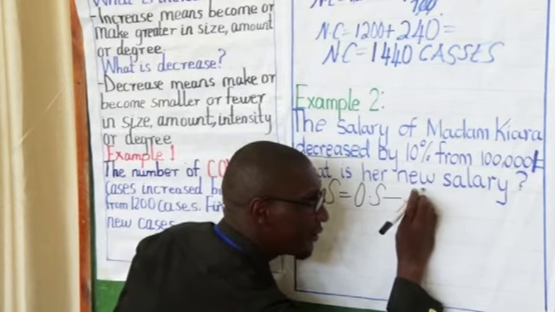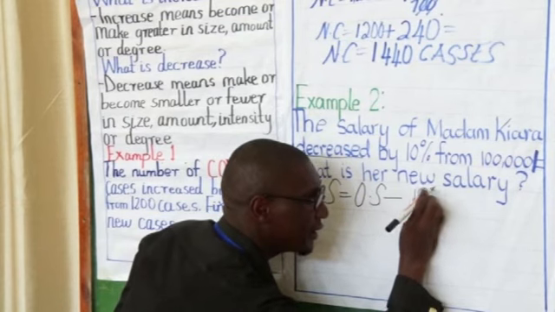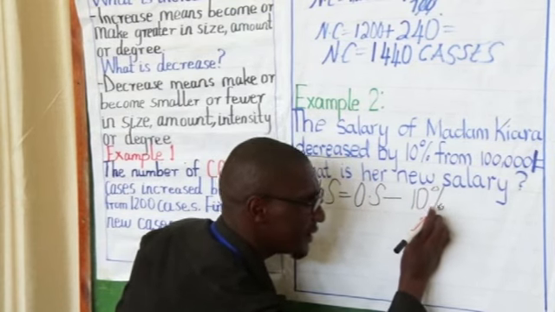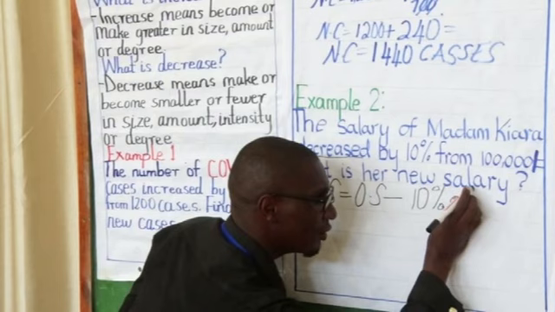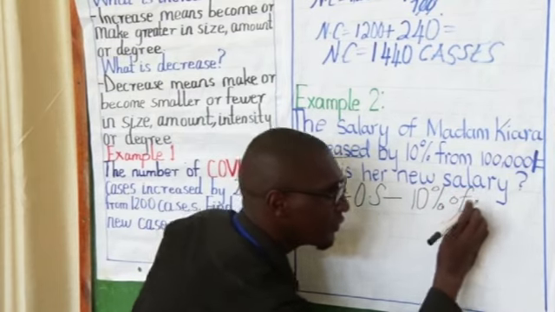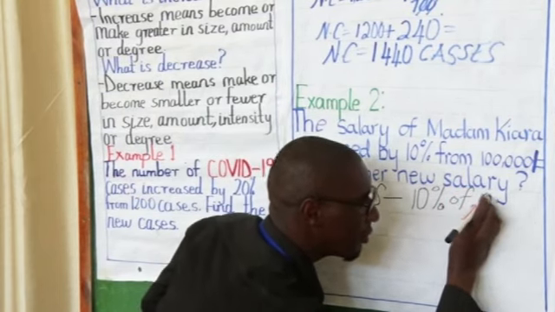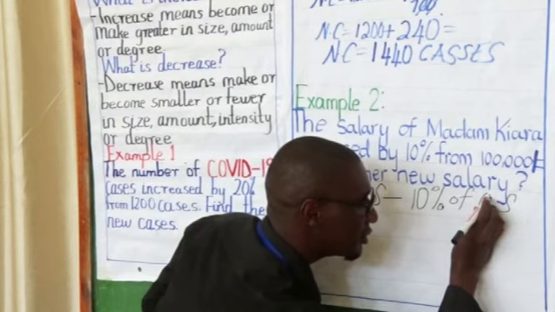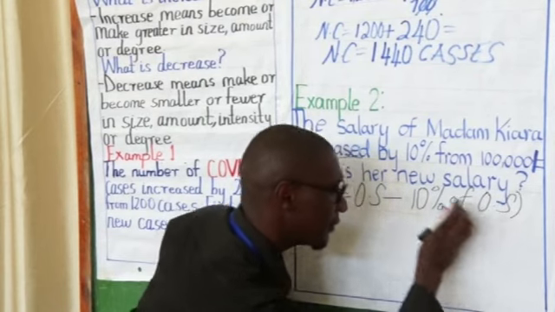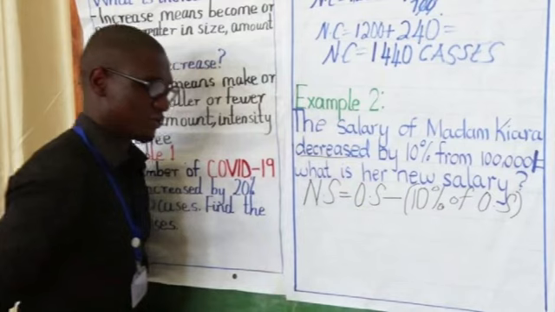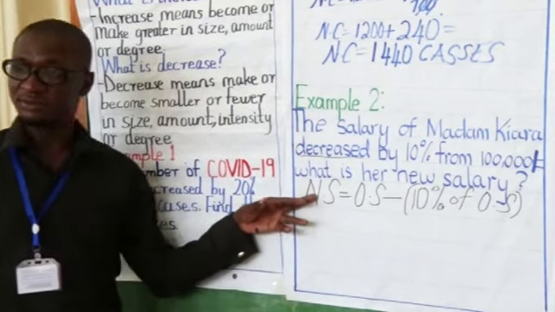Take away 10% of all the salary. Close the brackets, so do not be confused.